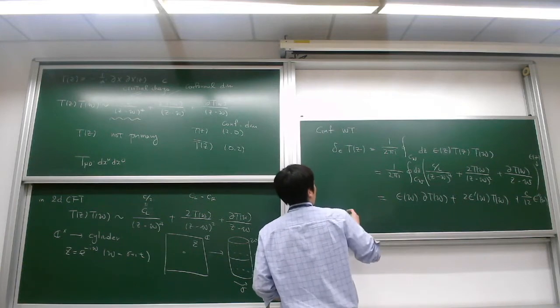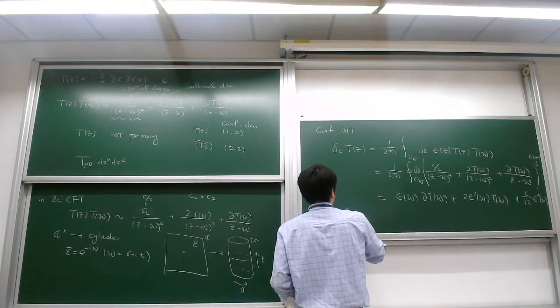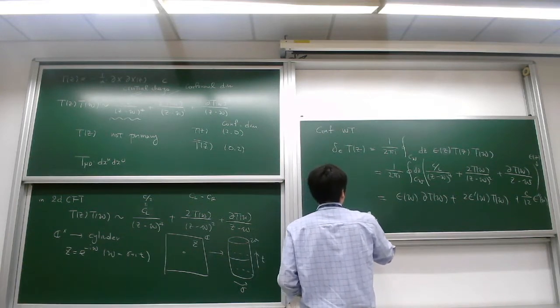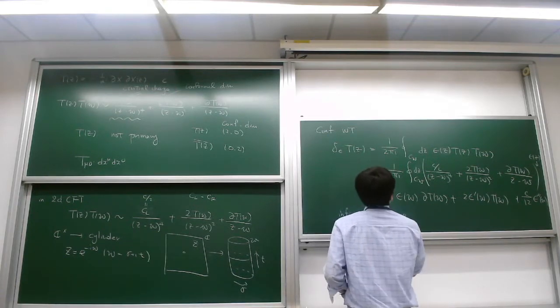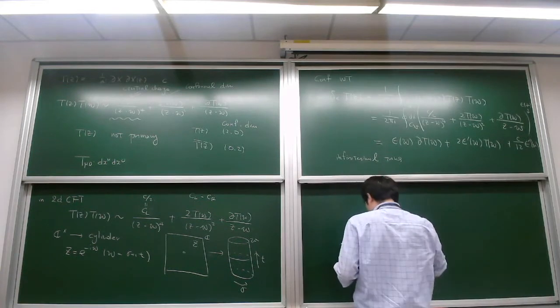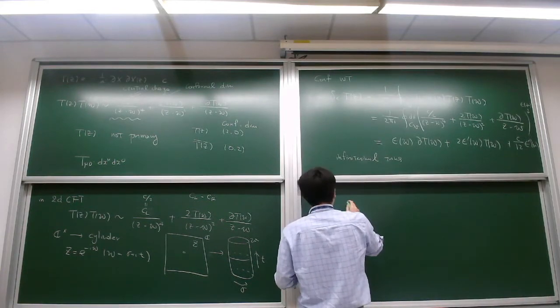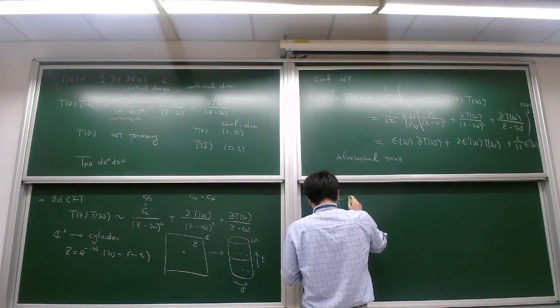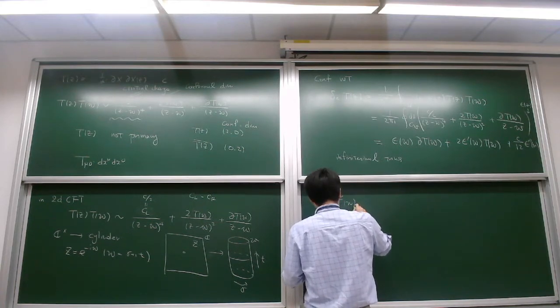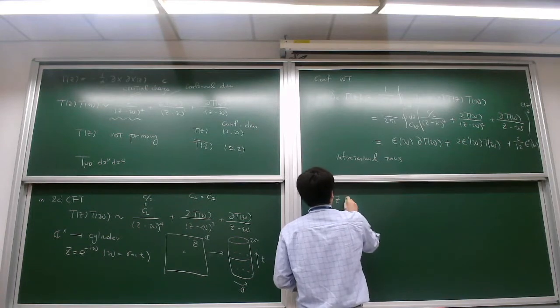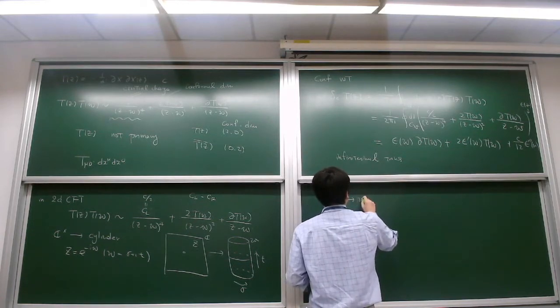So yeah, this is the infinitesimal transformation. Now for a finite transformation, this one I just give you the answer. I think I should use T tilde of w. So under the transformation, T goes to this holomorphic transformation.